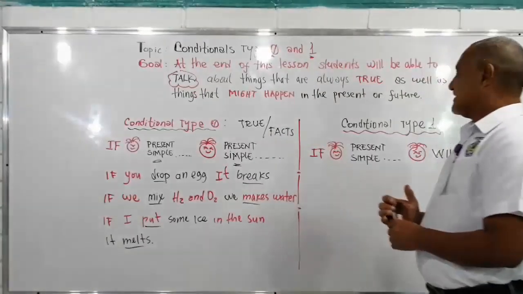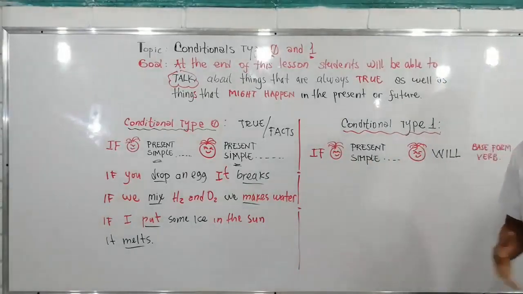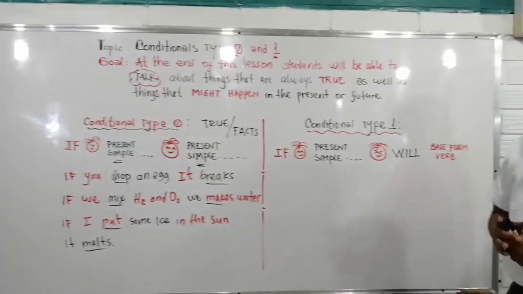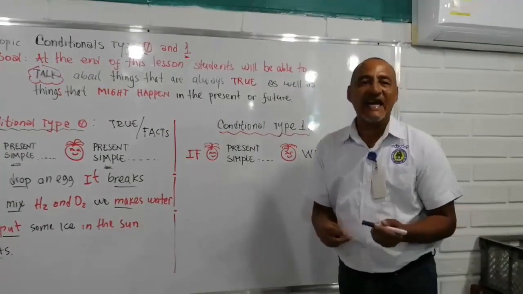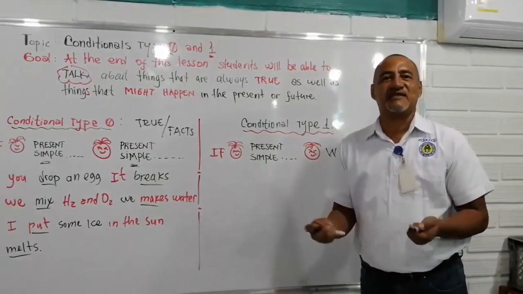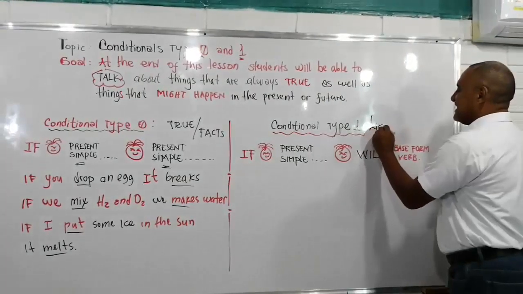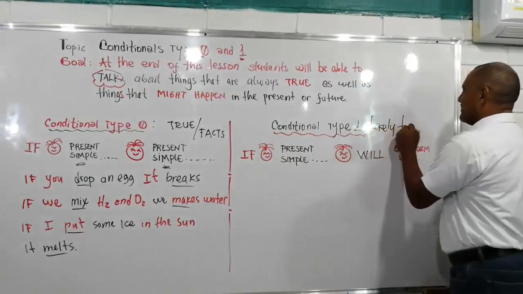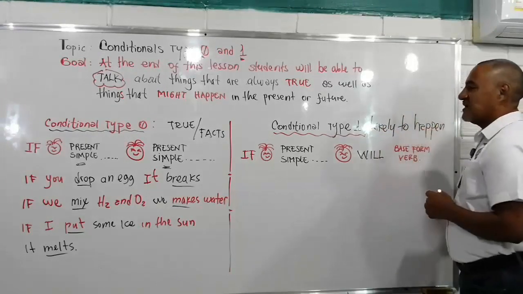Now let's move on to conditional number one. Conditional number one is used to talk about things that are likely to happen in the present or future, que posiblemente puedan suceder.